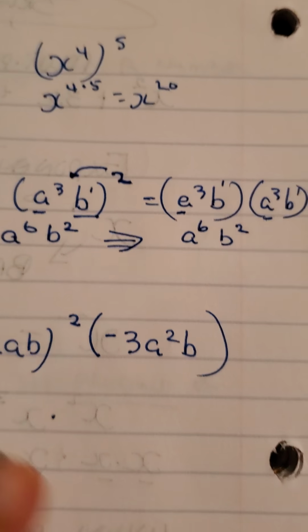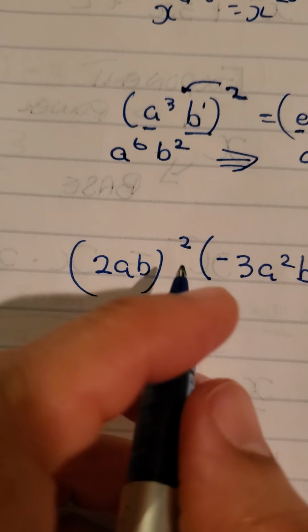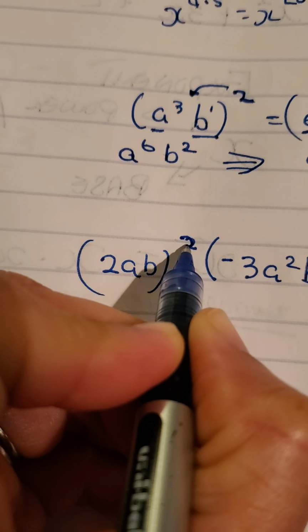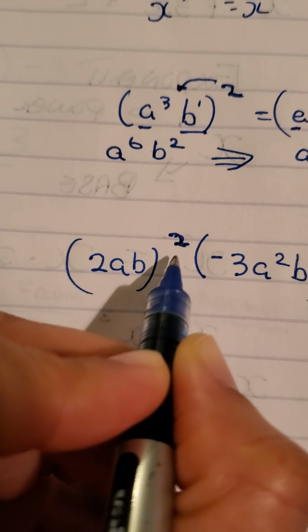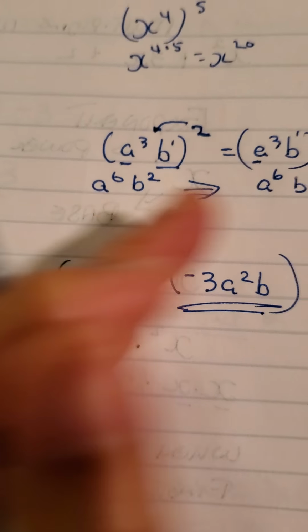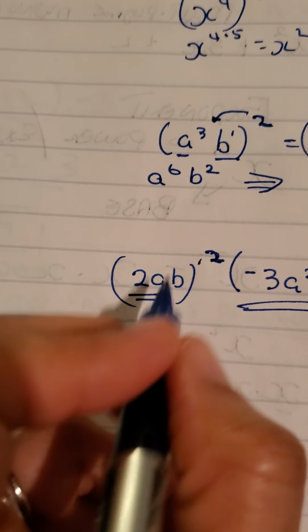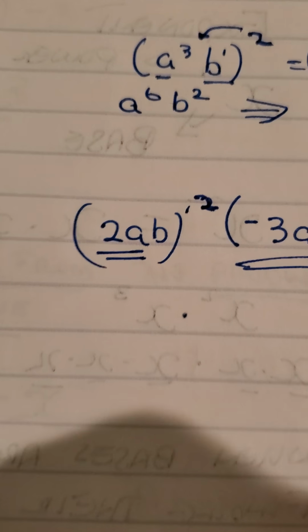Because when in doubt, expand. The same applies here. So be very careful. This squared power is only applicable to 2ab. This is the base of this, not anything to do with this separately. So we want to work this out first, keeping in mind the rules of operation, which say operate with exponents, then multiply.